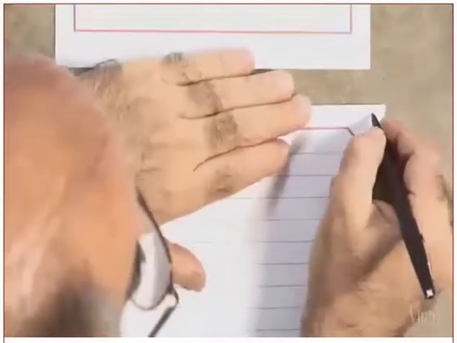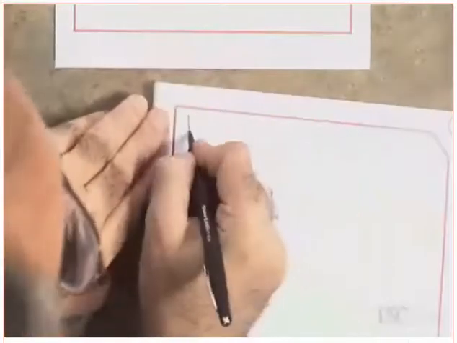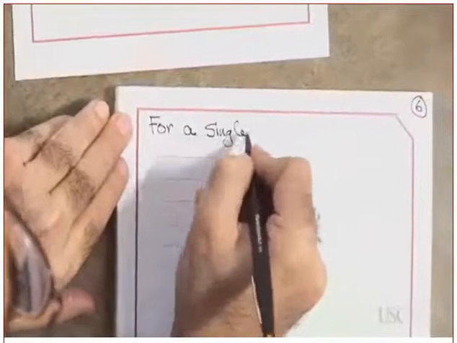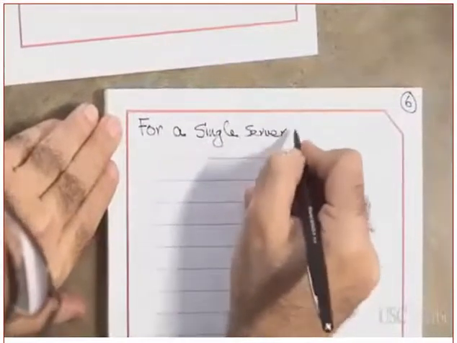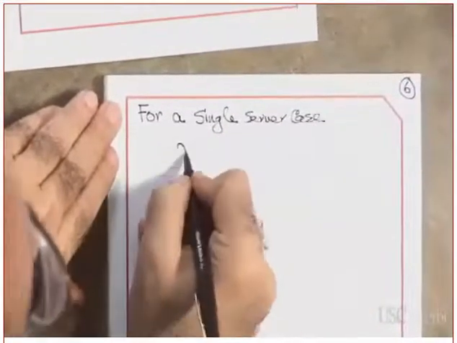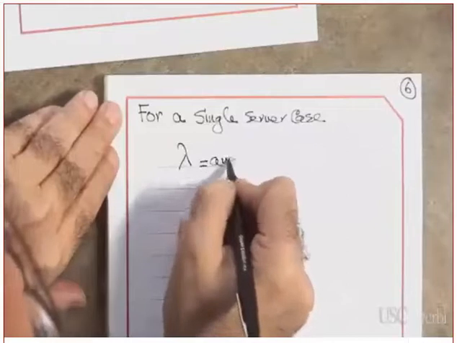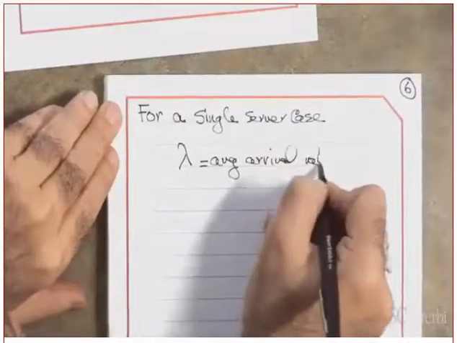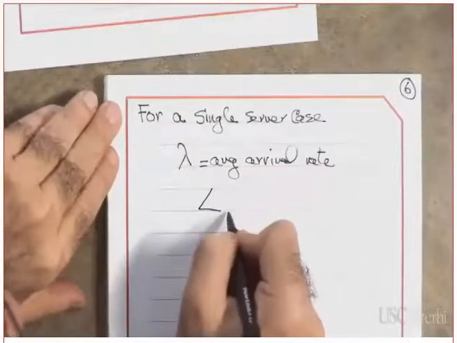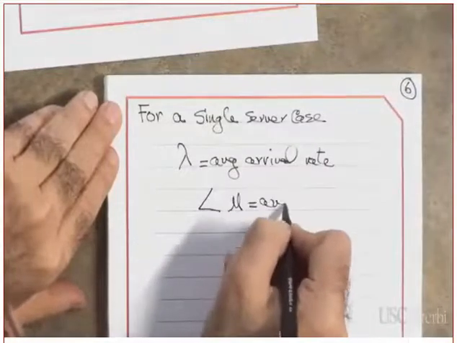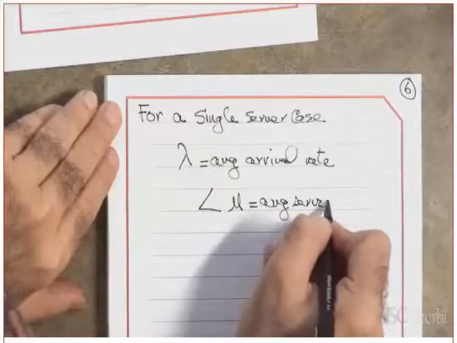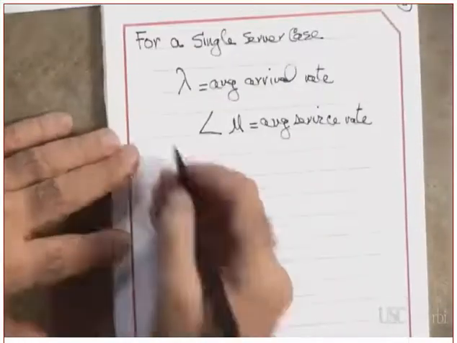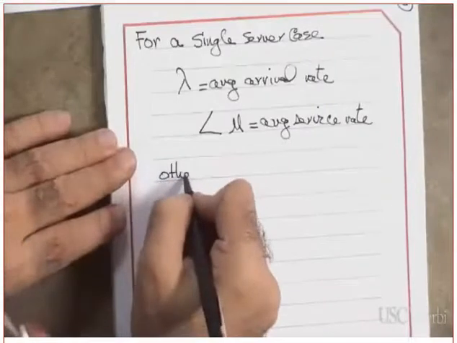Now, for a single server case, lambda, the average arrival rate, has to be less than mu, the average service rate. Clear? Otherwise, what will happen?